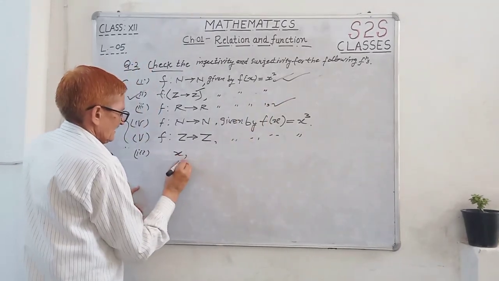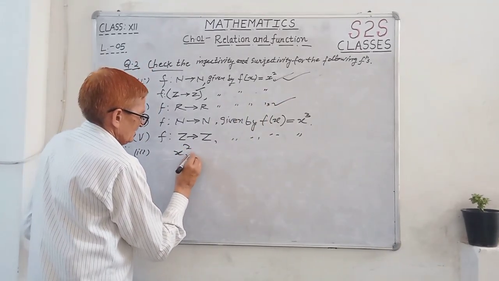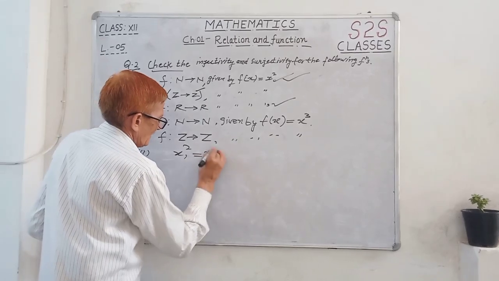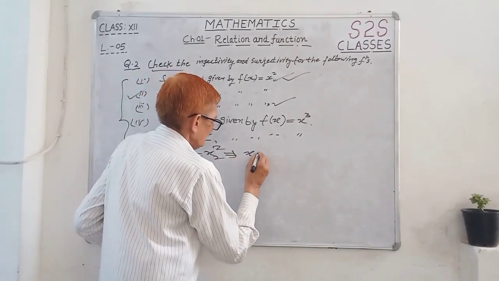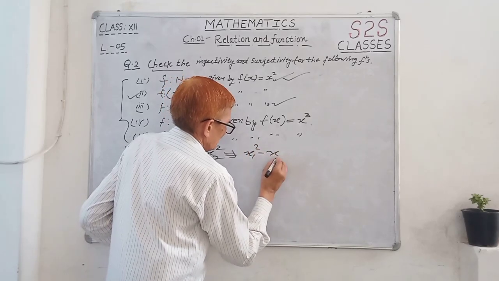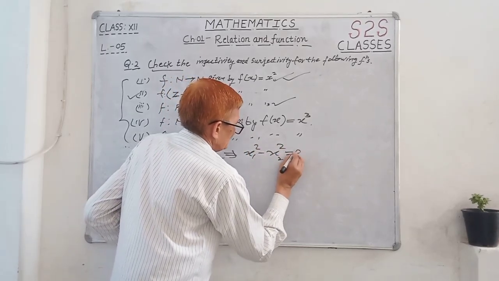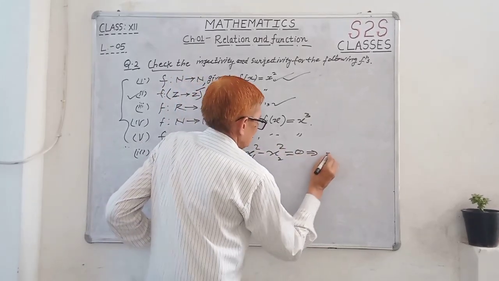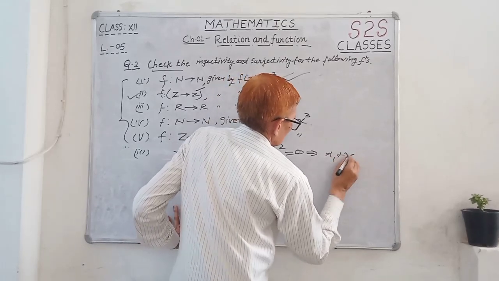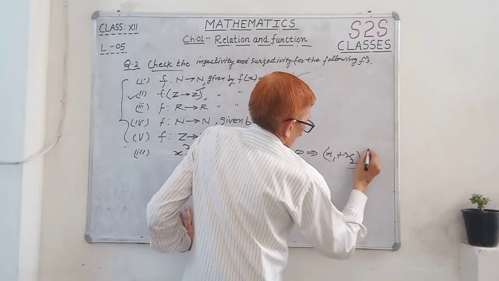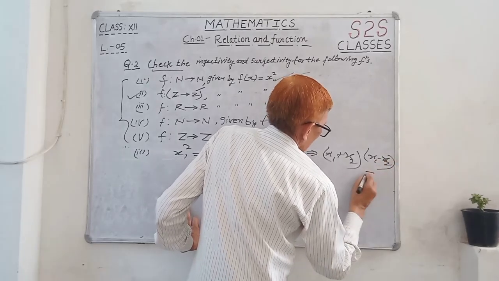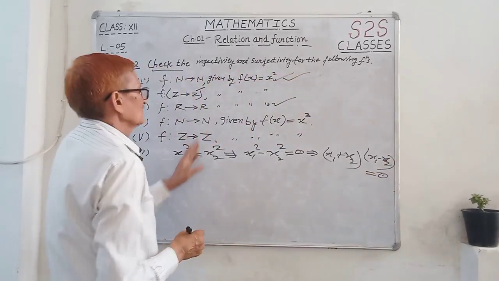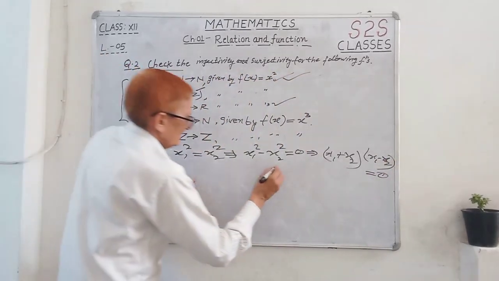That means x1 square is equal to x2 square. This implies x1 square minus x2 square is equal to 0. This implies x1 plus x2 and x1 minus x2 is equal to 0, and x1, x2 are real numbers.